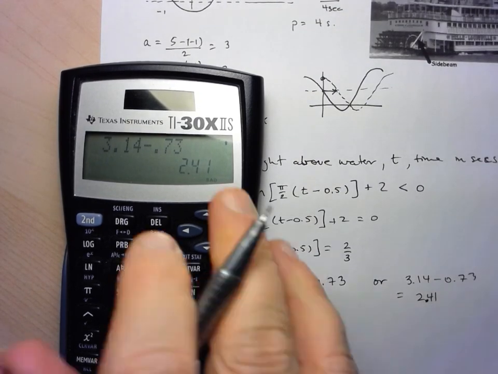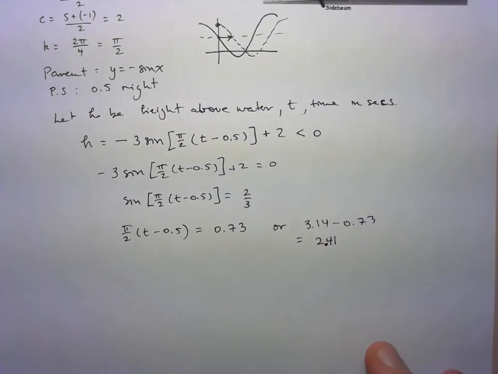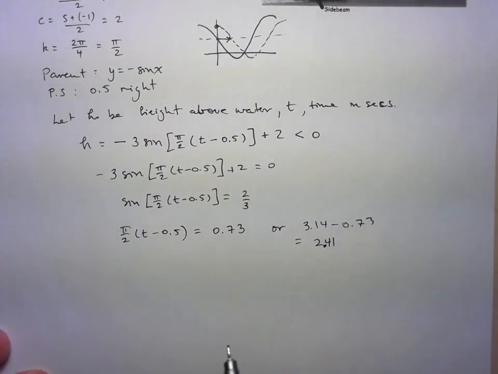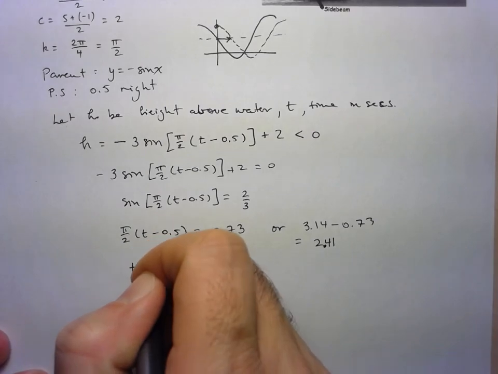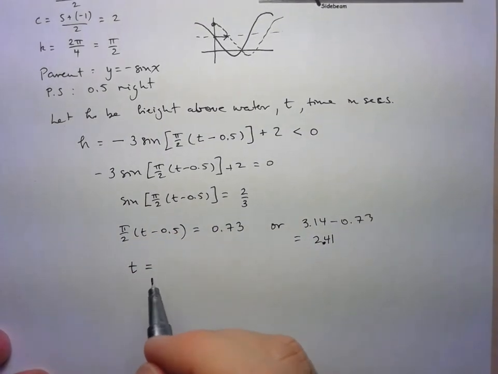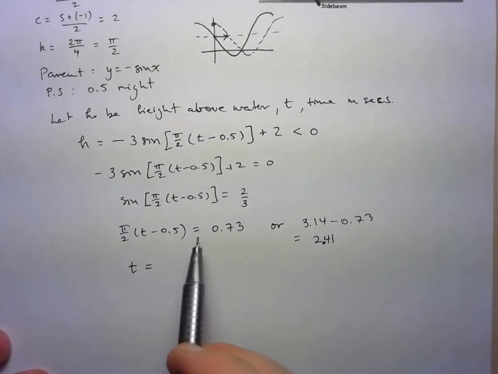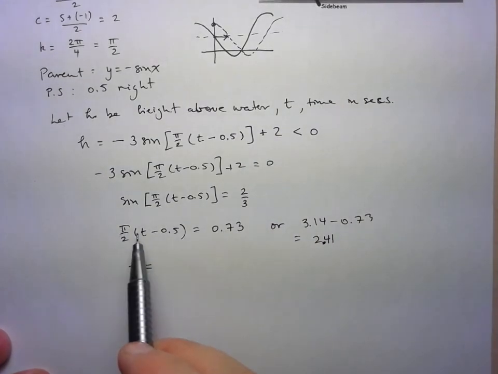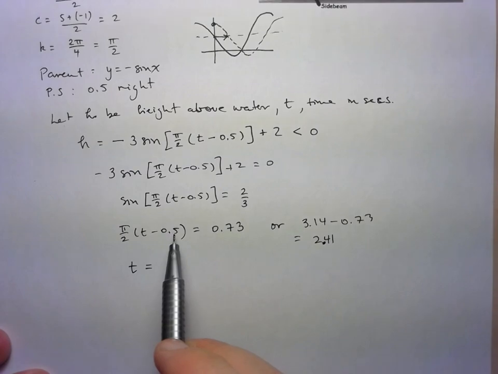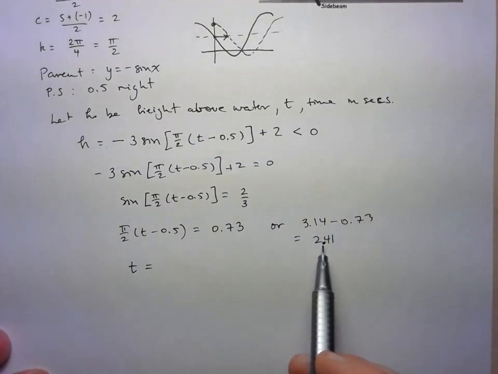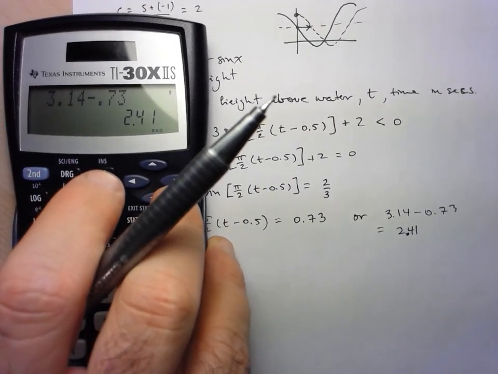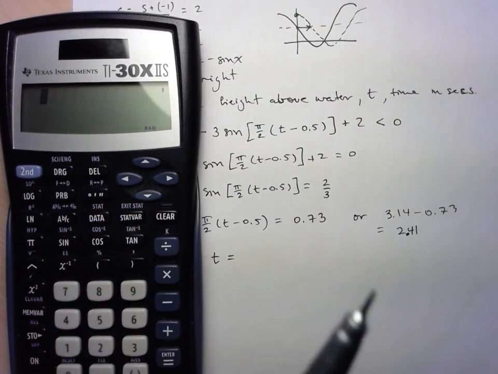All right, so now we have our two possible solutions that we get from sine, and so now let's solve for t. Okay, so I'm not going to write out all the steps here. So what do we do to solve for t? Well, we're going to have to multiply the number by 2, divide it by pi, and then add 0.5. And I'm going to do the same thing with the 2.41. Okay, so in the end, I'm just solving a linear equation by opposite operations.